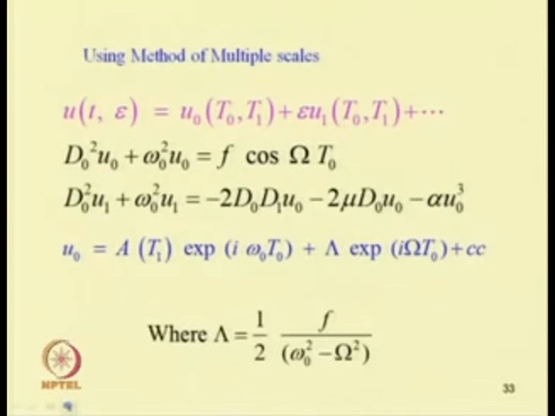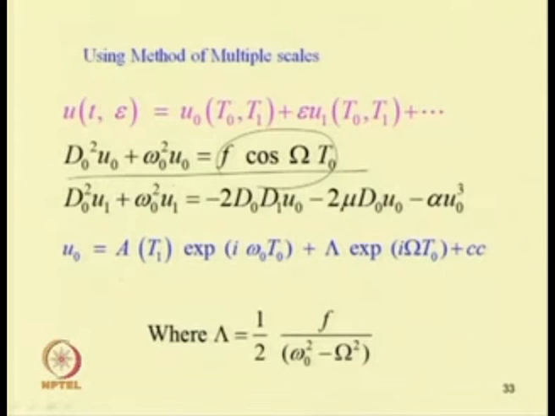By proceeding in a similar way, using the method of multiple scales, we can see that the solution of this equation will contain two parts. Previously, as the right hand side was 0, we had only the complementary part, but now in addition to this complementary part we have to add the particular integral of the system.